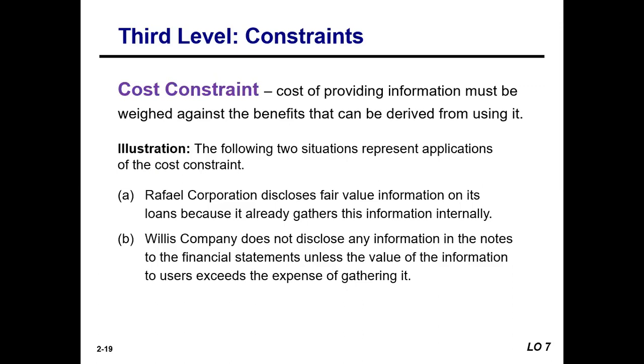So there's no additional cost to then provide it to investors, right? There's no cost constraint in that case. In B, Willis Company does not disclose any information in notes to the financial statements unless the value of the information to users exceeds the expense of gathering it. Again, that cost benefit analysis.